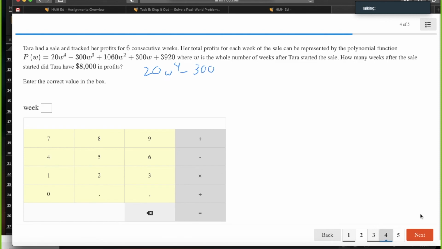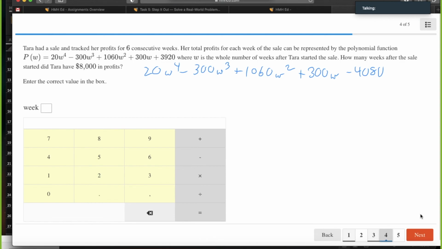Minus 300W cubed plus 1060W squared plus 300W and then 3920 minus 8,000, negative 4080.